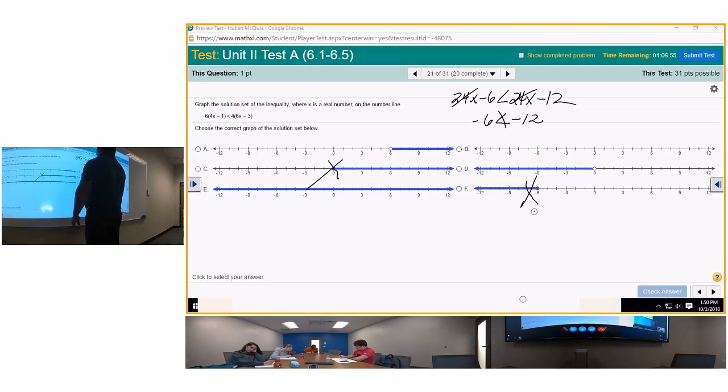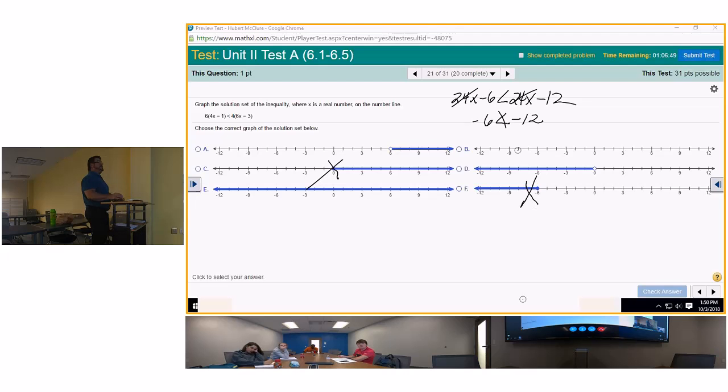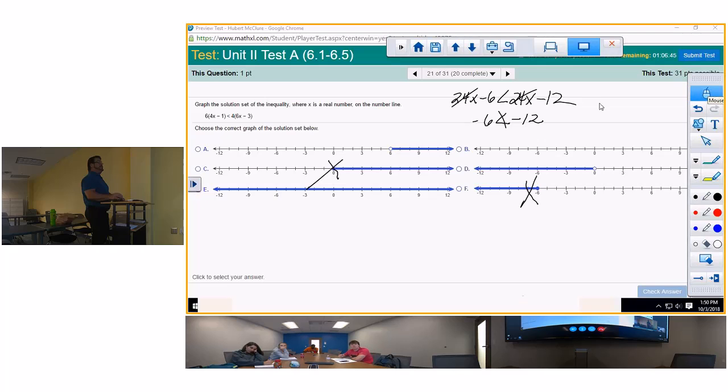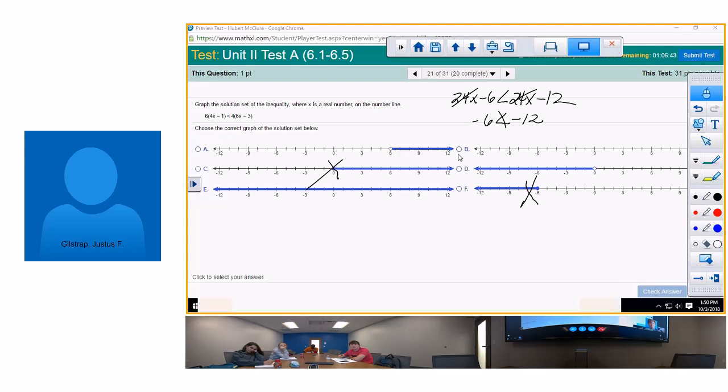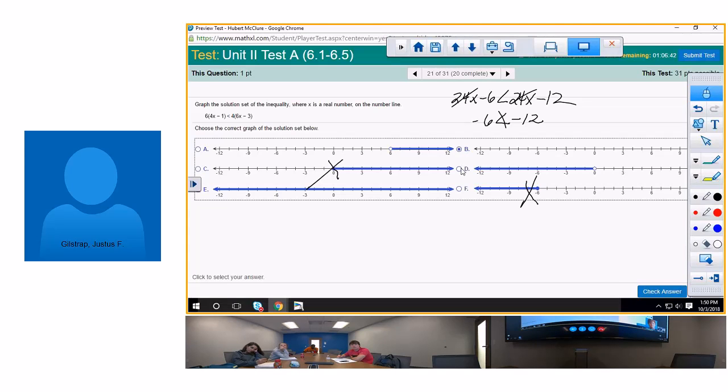Should be B. Actually, negative 6 is greater than negative 12. So then it's B. Because this is wrong. Negative 6 is not less than negative 12. Negative 6 is greater than negative 12.